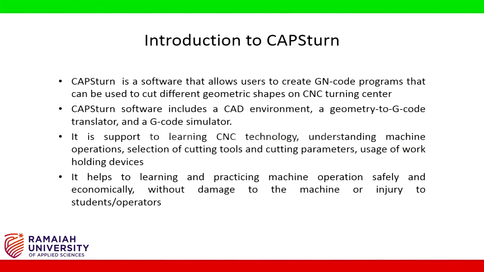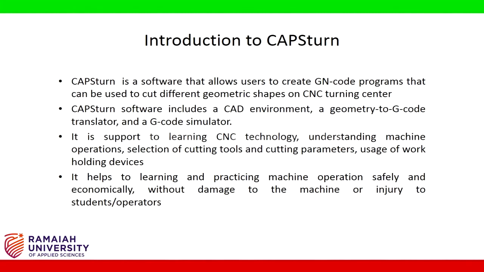CAPSturn is a software that allows users to create G-code programs that can be used to cut different geometric shapes on a CNC turning center. CAPSturn software includes a CAD environment, a geometry to G-code translator, and a G-code simulator.